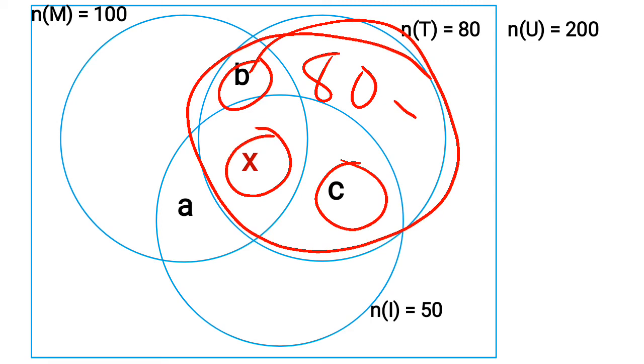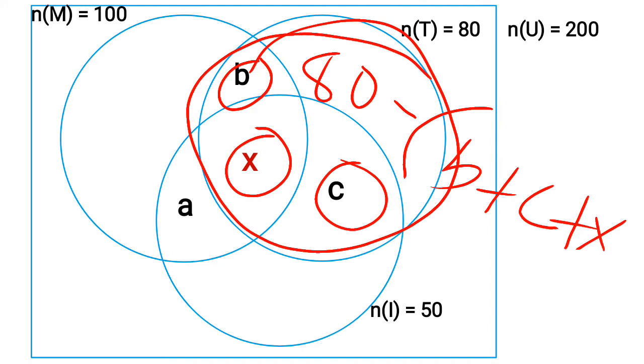So 80 minus B plus C plus X. Or you can write 80 minus B minus C minus X, because the negative is affecting everything. So it's the same as 80 minus B minus C minus X. It can be arranged anywhere. X can come before B or C.